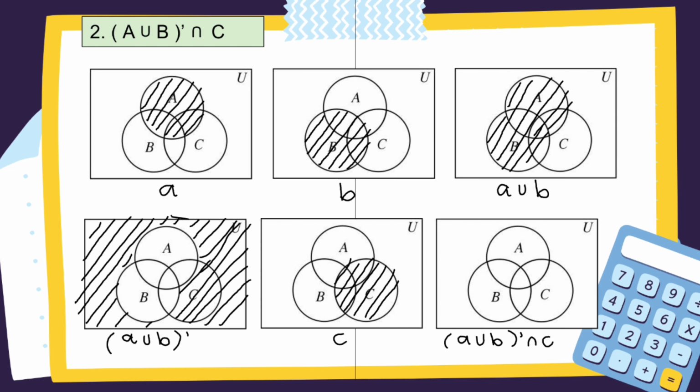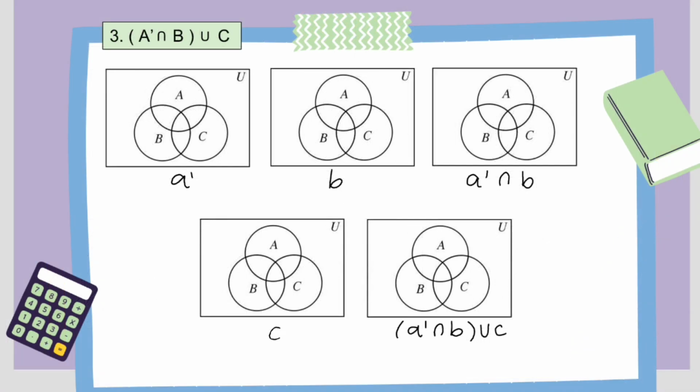In the fourth and fifth box, the same shaded part is only this part in this circle C. So in this last box, only this part will be shaded. So this is the final answer for the complement of union A and B intersection C.